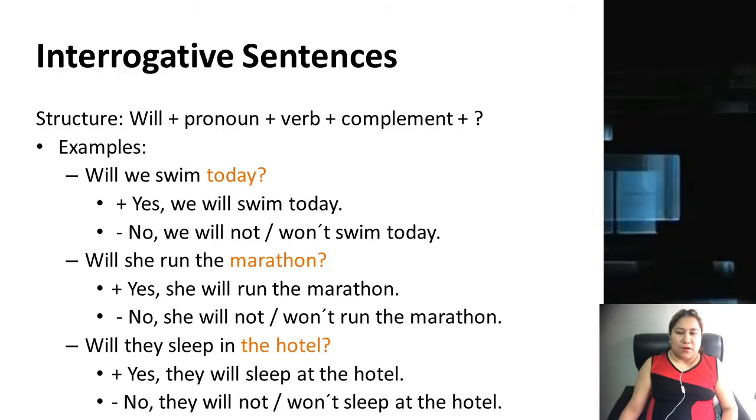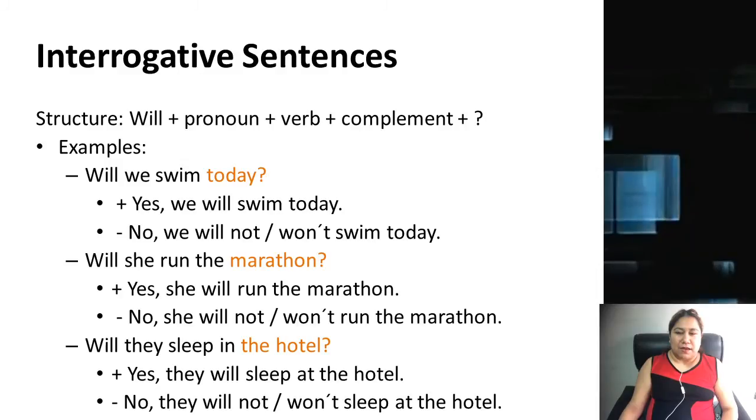Now we have another example, number 3. The affirmative sentence is they sleep in a hotel. The interrogative structure is: will they sleep in a hotel? The positive answer could be yes, they will.